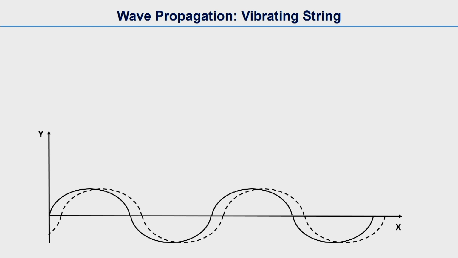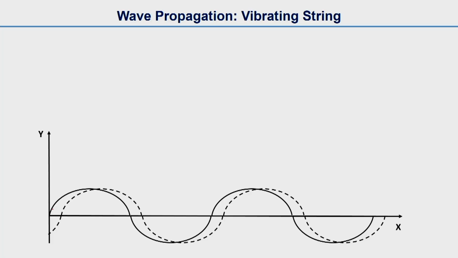So let us discuss the vibrating string. Now we will do some derivation to obtain the wave equation. This is the string and we have x and y coordinates here.